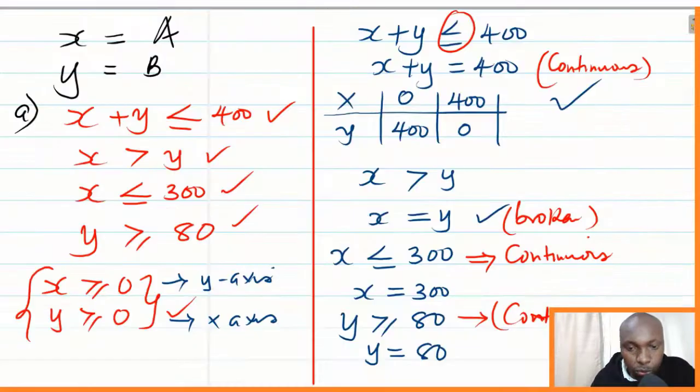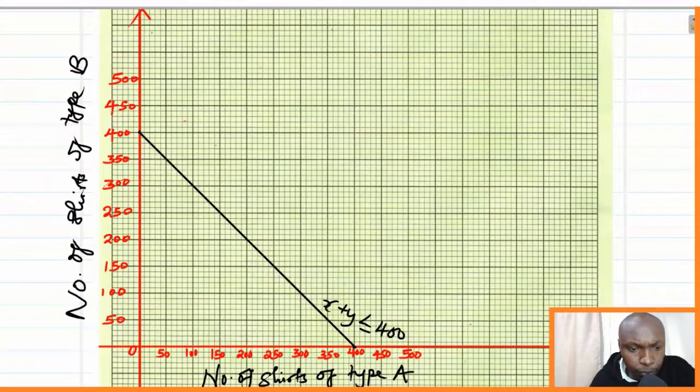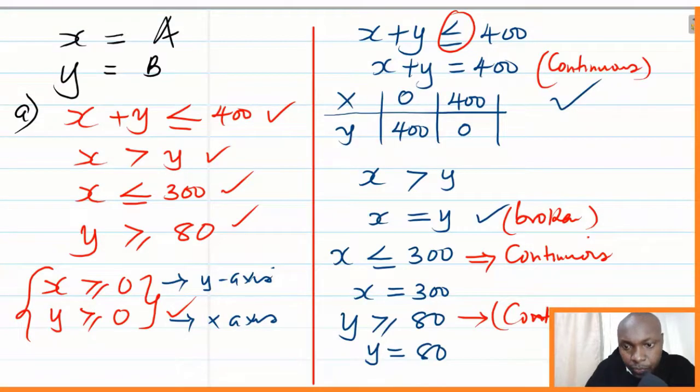So you don't need to have points to do that, but you can just have a few points if you wish. Like 0, 0, and you can choose 150, 150.